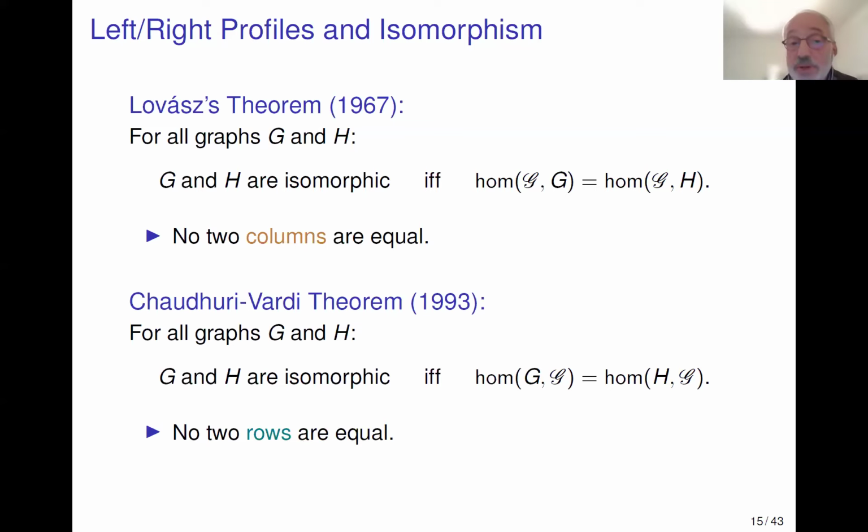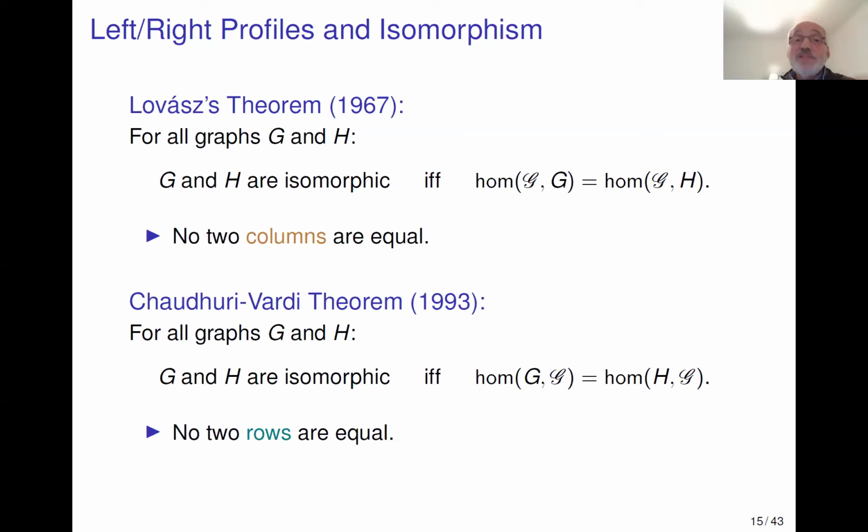There is a dual to this theorem, and that came in databases in a very different context. Even when you see it there, it's stated in a very different way. This is Chaudhuri and Vardi, 1993. But apparently, Lovász was aware of this: for all graphs G and H, they are isomorphic if and only if they have the same right profile, which means in the table that all the rows are different because we have taken one member from every equivalence class.